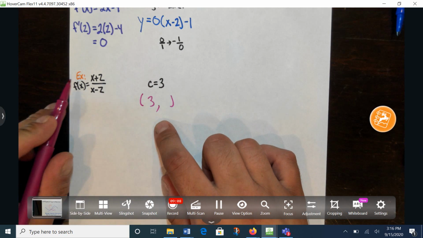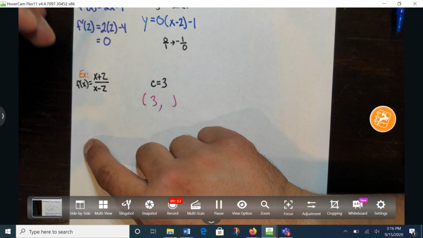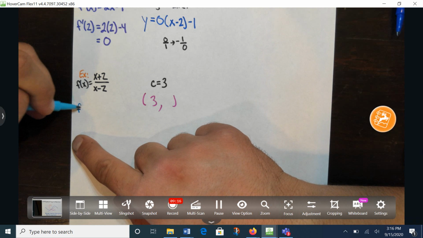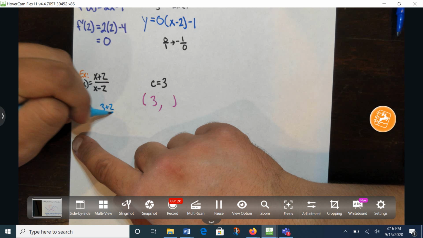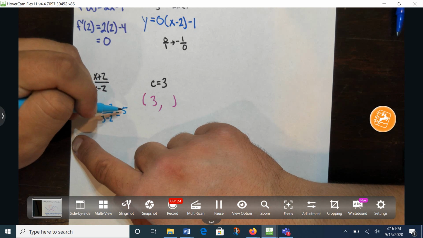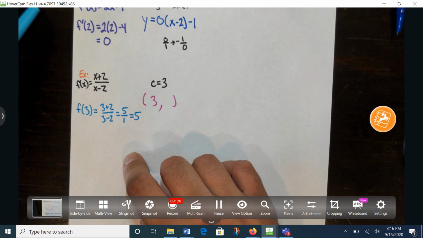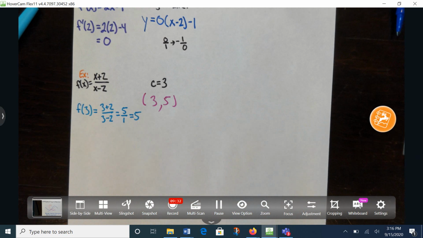So let's plug 3 into our equation to figure out the y value. So f of 3 is equal to 3 plus 2 over 3 minus 2, which is 5 over 1, which is just 5. So our point that we're concerned with is 3 comma 5.